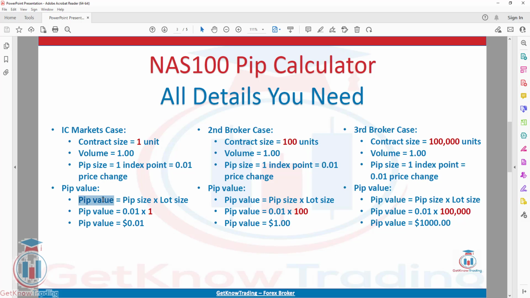Pip value is equal to Pip size multiplied by lot size. So the Pip size in our case is 0.01 multiplied by lot size, which is the volume, which is the same, so it is equal to 1. So the Pip value for one standard lot is equal to $0.01, which is 1 cent. And that is when you use a contract size of 1 unit.